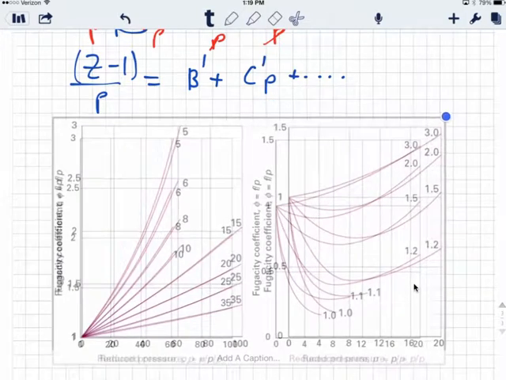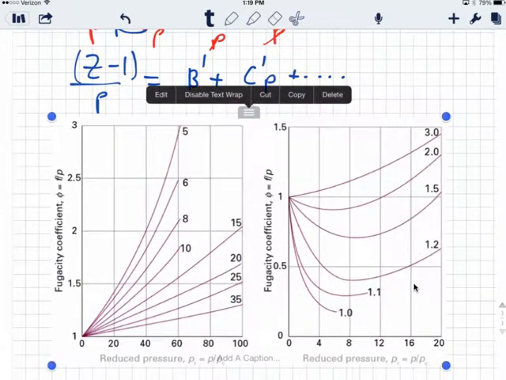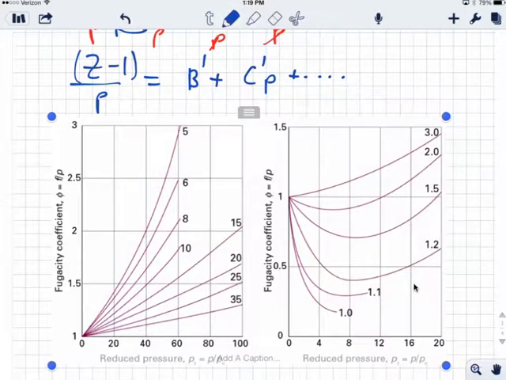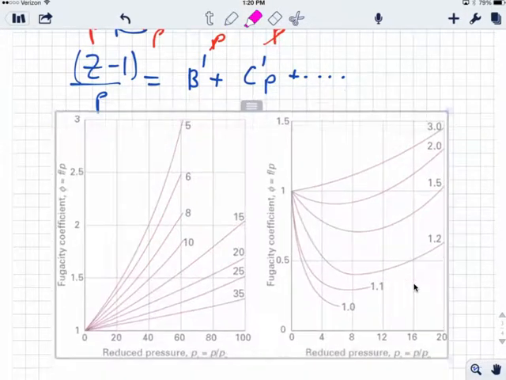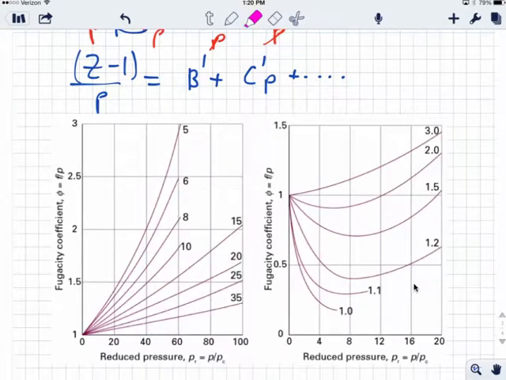So this is a figure from Atkins, and what we see is the fugacity coefficient plotted versus reduced pressure for very high pressures, so 100 times the critical pressure, and the terms here are reduced temperatures.